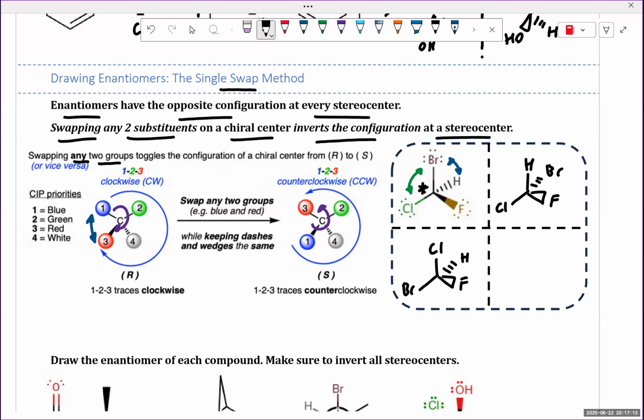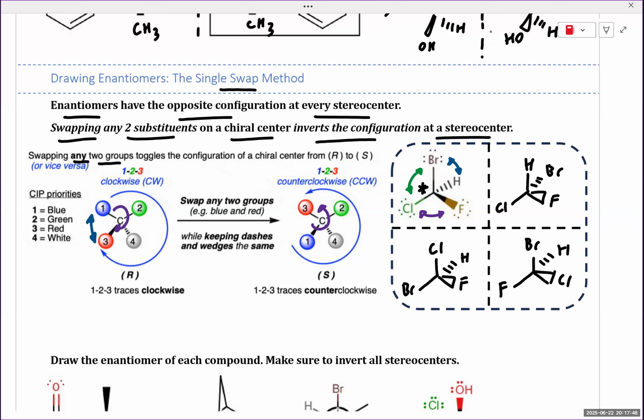Pick any two substituents in our original molecule and swap them. In this case, you could pick to swap chlorine and fluorine. That in turn would give you the following. So as you can see, the single swap method is a helpful tool for drawing enantiomers if you have just one stereocenter.